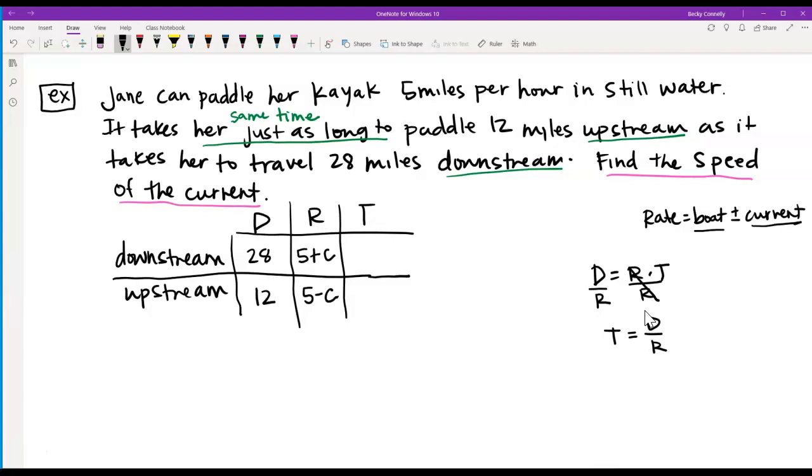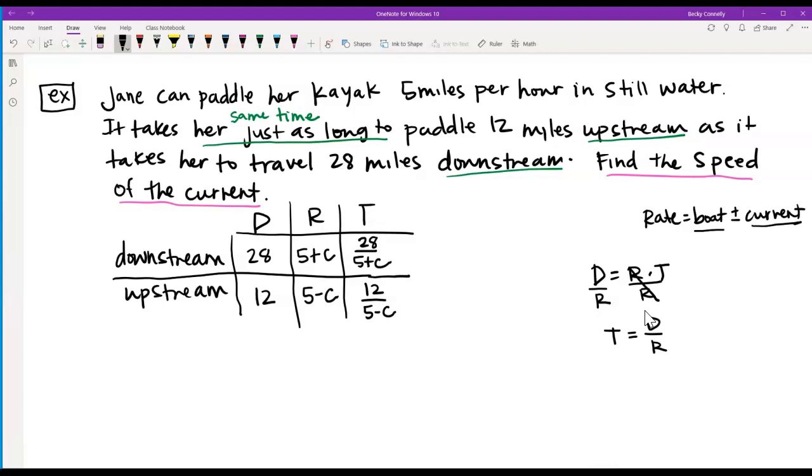And we know the distance and we know the rate, and so that's what we're going to do to write in for our time. So for our time here, our distance is 28 and our rate is 5 plus c. And then again here, distance divided by rate, so 12 divided by 5 minus c.